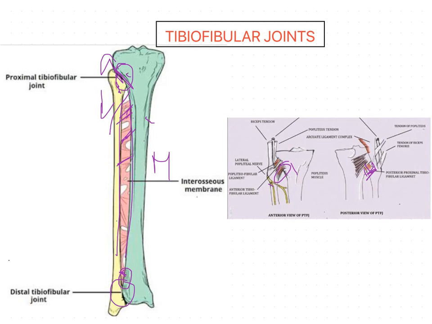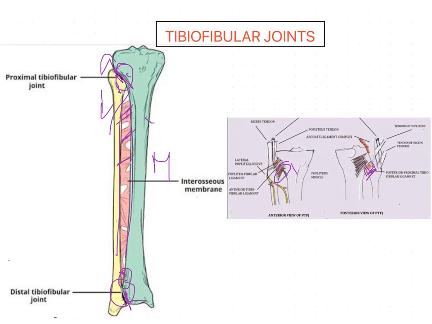Now we will see the distal tibiofibular joint or inferior tibiofibular joint. The type of the joint is fibrous joint, and this one is called syndesmosis. The articular ends are the rough area on the lateral surface of the lower end of the tibia, and the rough area on the medial surface of the lower end of the fibula above the facet for talus.